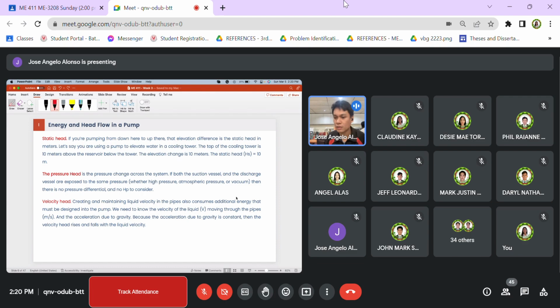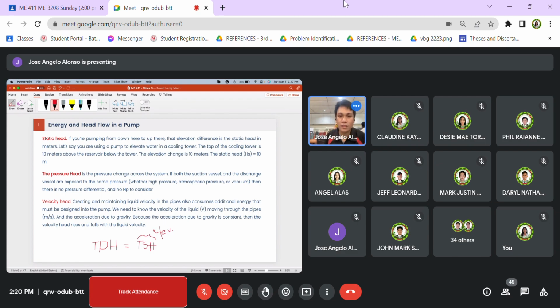Where we are now is dealing with what we call total dynamic head, versus total static head. They are different. The total static head is only a component of the total dynamic head. The total static head can be derived, or we can compute it, based on the elevation difference between the suction and discharge part.